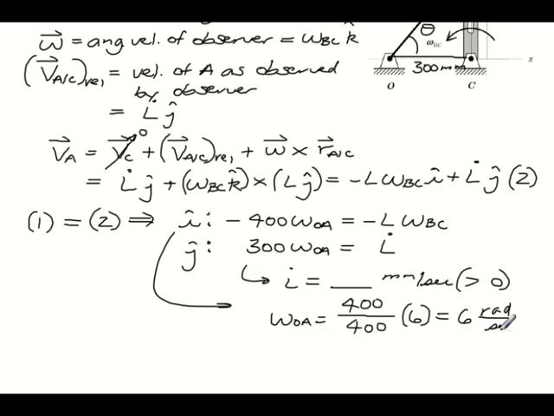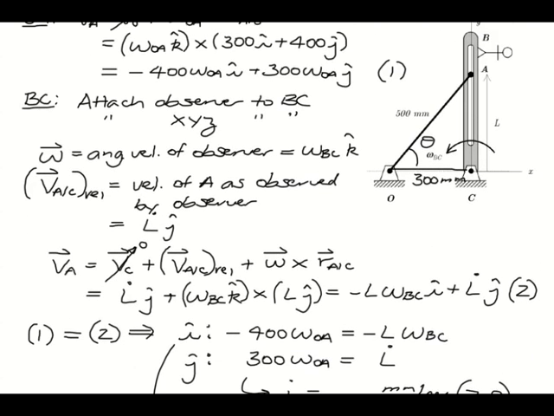The plus sign here means that the original assumption of it being counterclockwise was correct. I think you would agree by looking at the picture that if omega BC is rotating in a counterclockwise sense at this instant, so is omega OA.